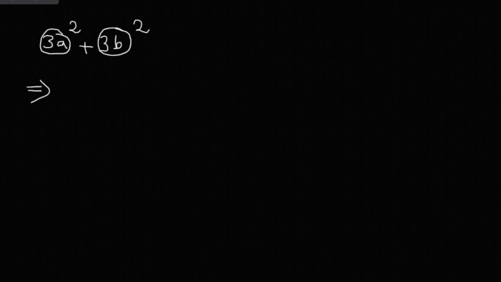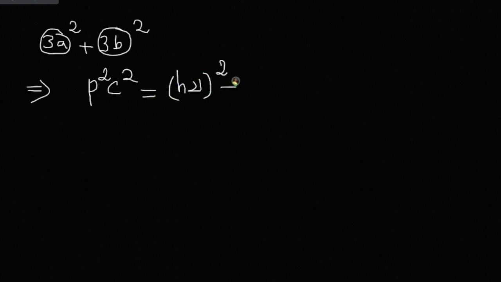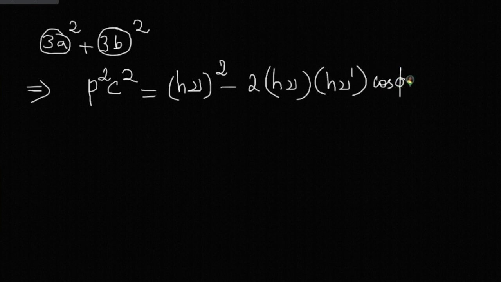So the left hand side will be p square c square, and the right hand side is h nu the whole square minus 2 h nu into h nu prime cos phi plus h nu prime the whole square.